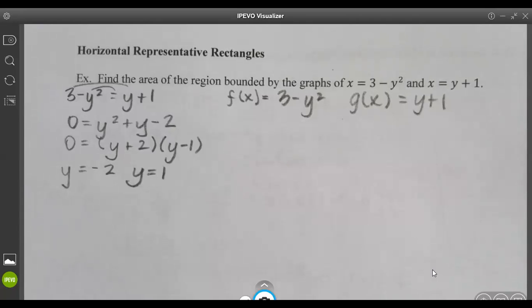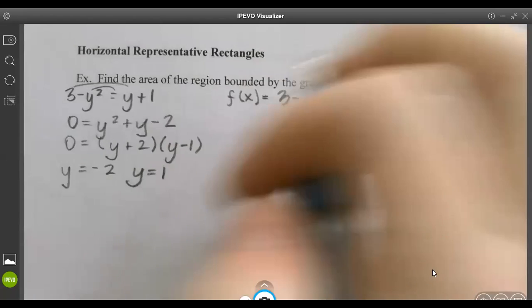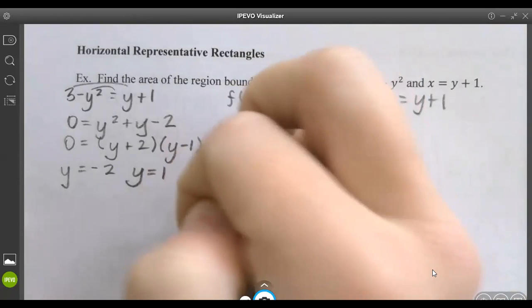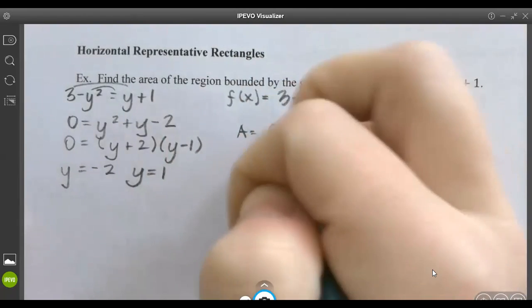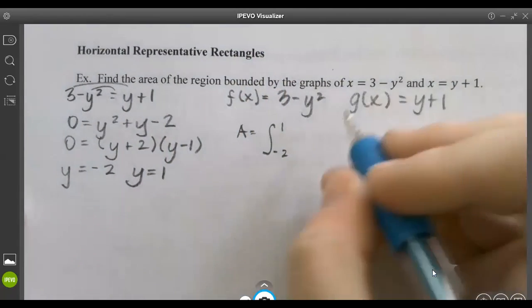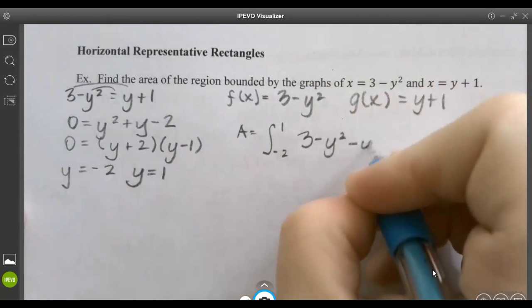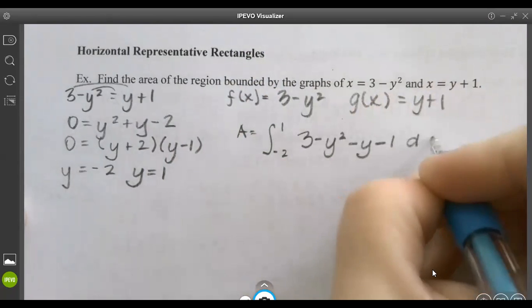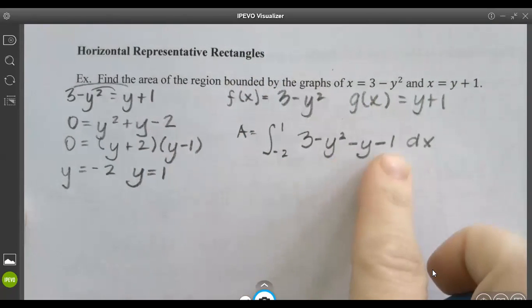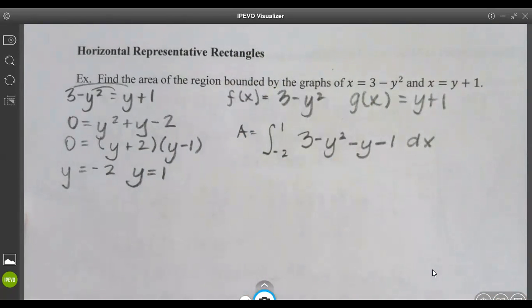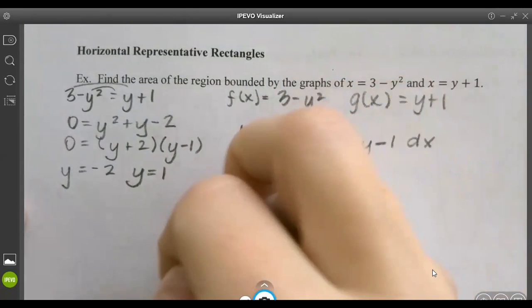What do I do now? So area equals the integration from -2 to 1 of 3 minus y squared minus y minus 1 dx. Why is it minus y minus 1? Because we're subtracting it, so I just distributed the negative. I'm going to clean it up.